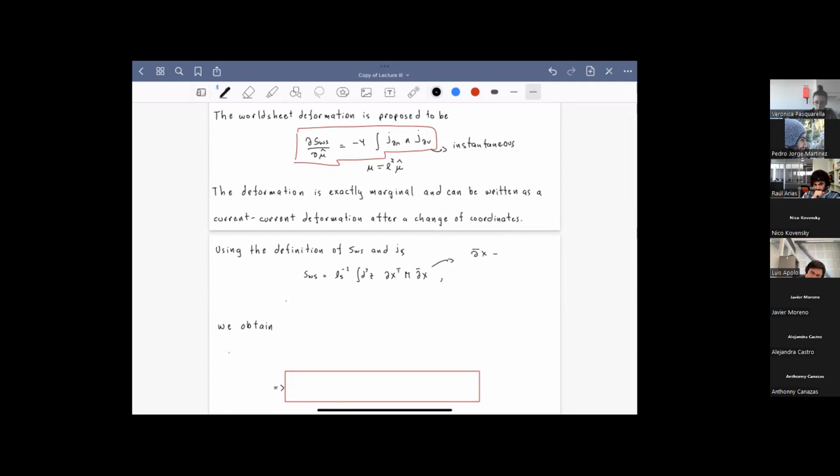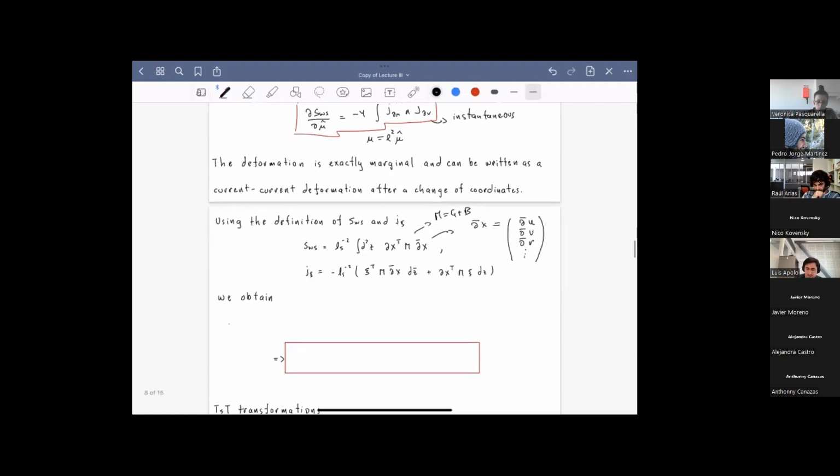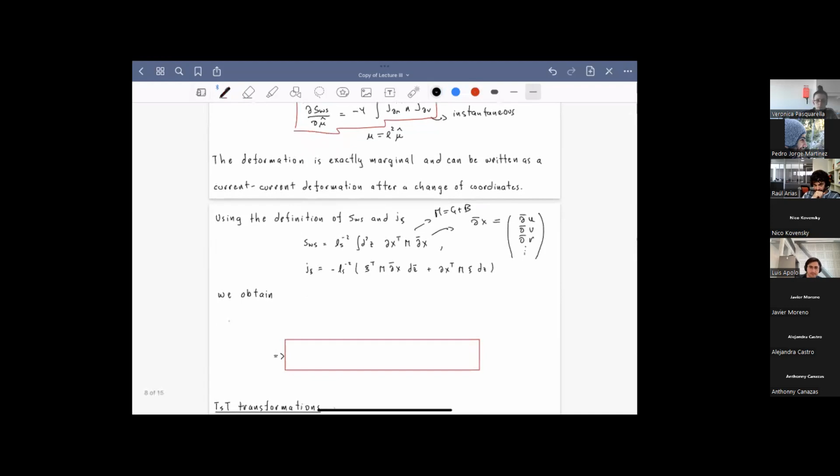So d bar x is a vector. It contains derivatives with respect to all the target space coordinates in this way. And M is as before, remember, made up of the background fields.